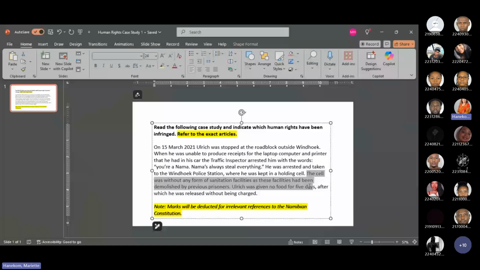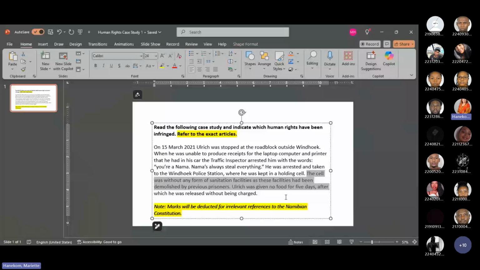What human right does that infringe? Being locked up in a cell without any toilet, no sanitation facilities, not being given food, infringes his right to dignity. That is Article 8. You have to tell me it's Article 8. Otherwise, you're not going to get maximum marks.